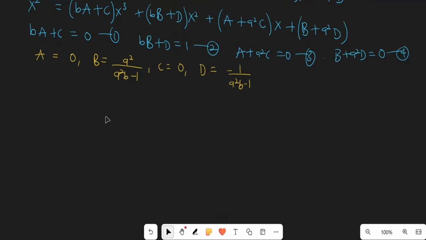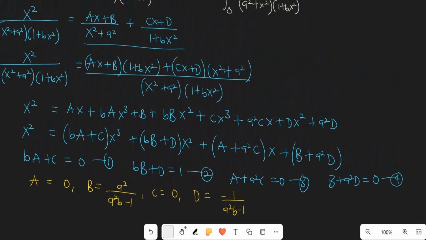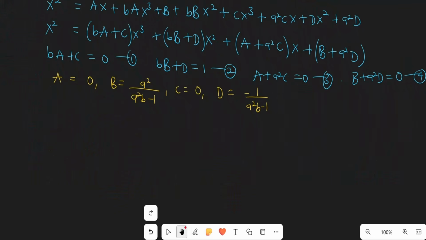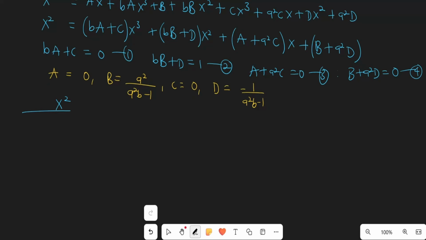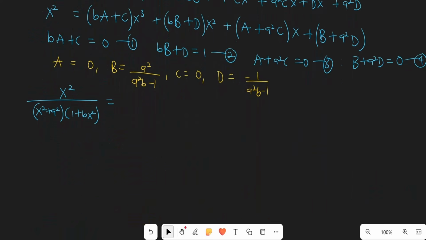And now the partial fraction will look like this. So we are just going back here and replacing the values. So x squared all over x squared plus a squared multiplied by 1 plus bx squared is the same as ax plus b all over the first factor.